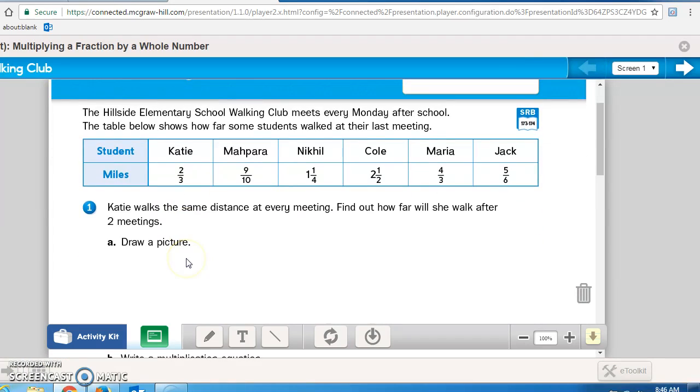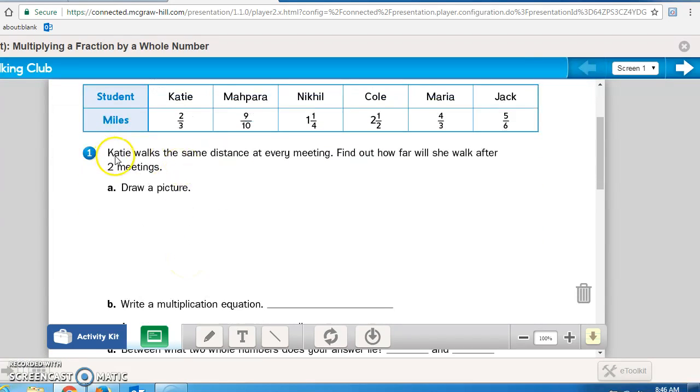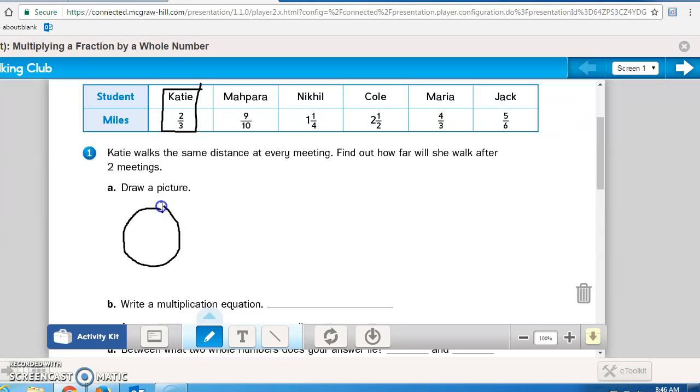Based on that information, they want you to answer, Katie walks the same distance at every meeting. Find out how far she will walk after 2 meetings. Well, here's Katie, and it says she walked 2/3 of a mile. So I could draw a picture representing a circle is 1 mile, and another circle would be 2 miles.